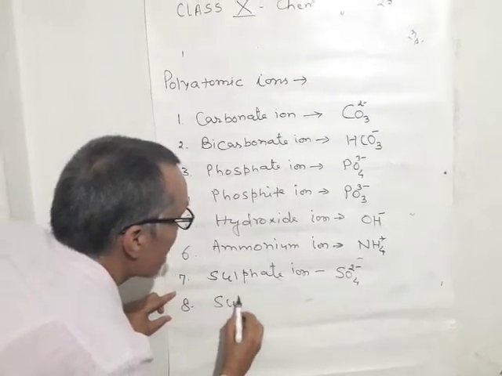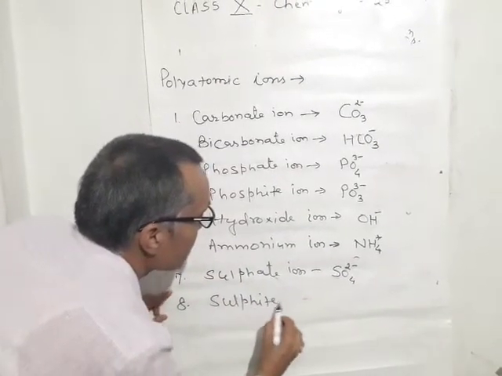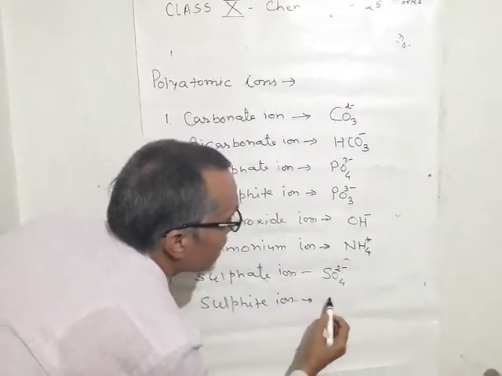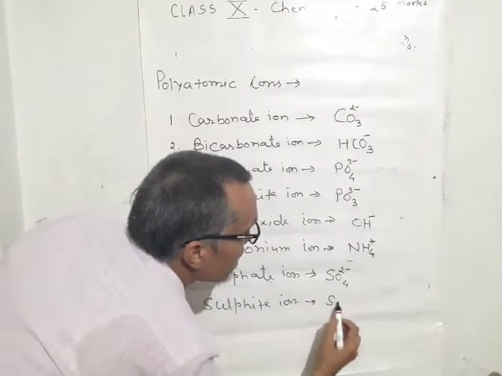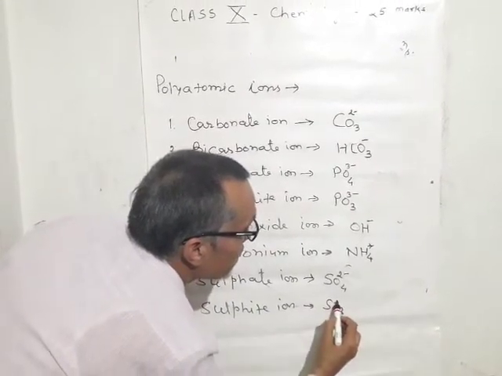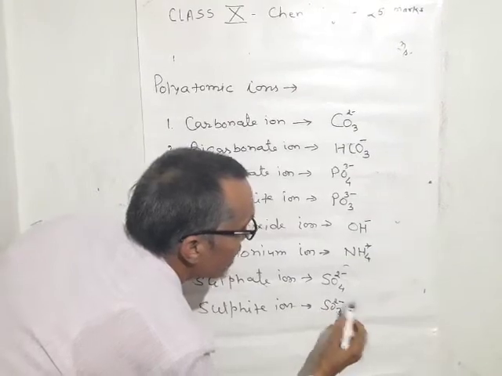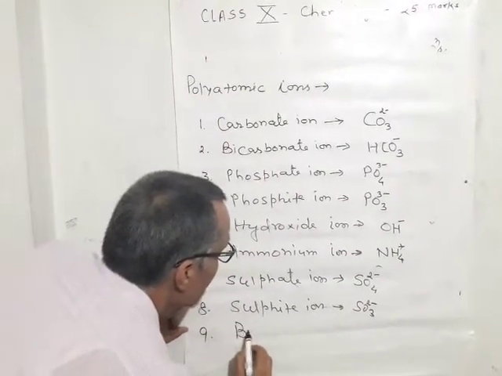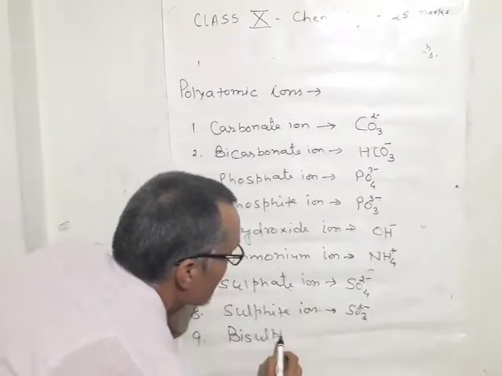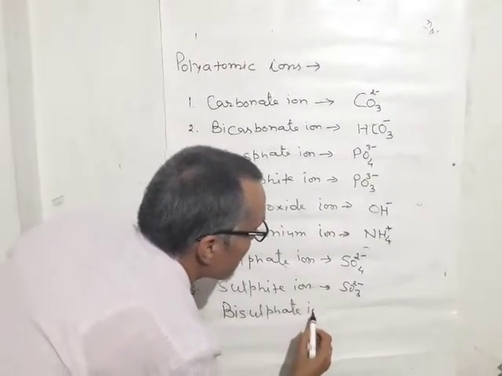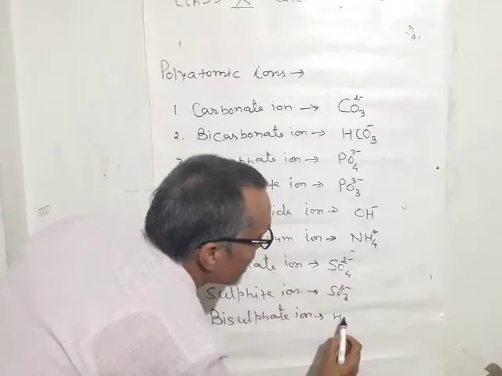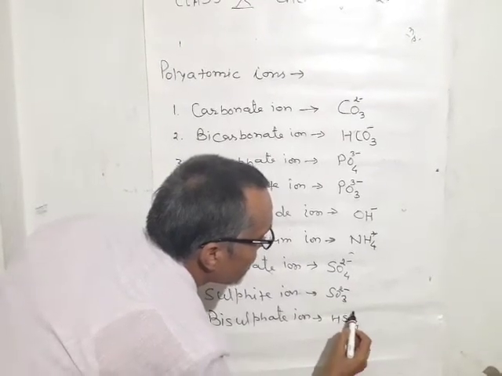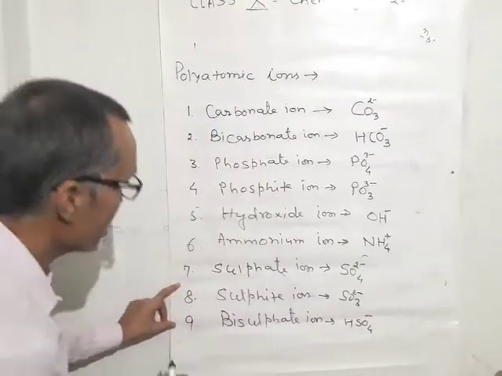Next, sulfite ion, SO3 to the power 2 minus. Next, bisulfate ion, HSO4 to the power minus.